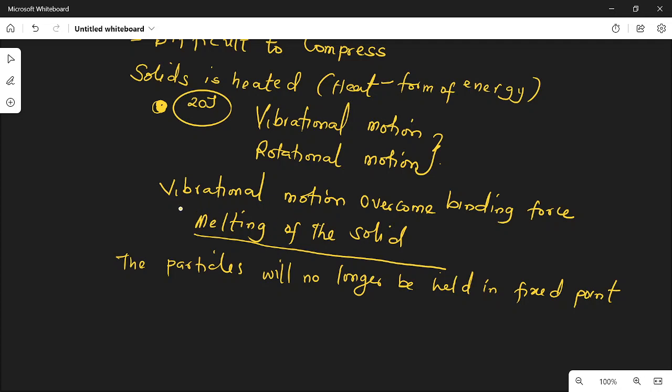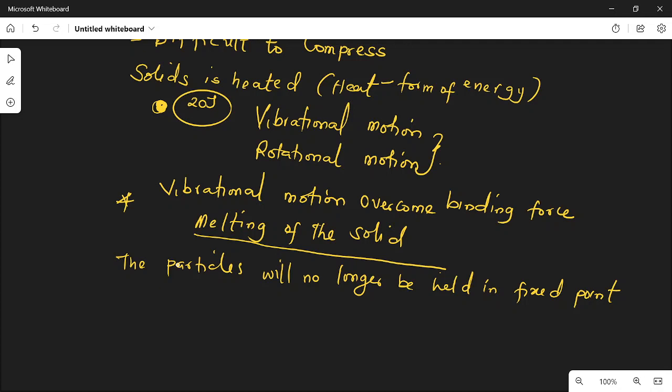Very simple: the vibrational motion has overcome the binding force, so the crystal structure has collapsed. The force that is holding them together has collapsed, and the solid melts. Please note this, very important: the melting point of the solid is the point whereby vibrational motion overcomes binding force.